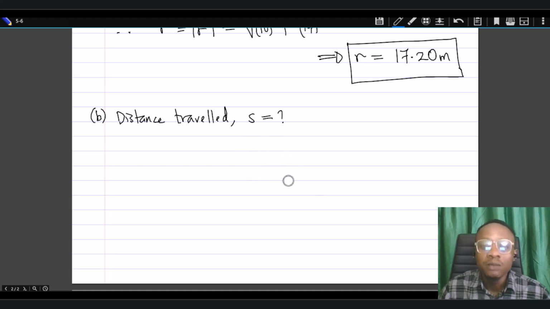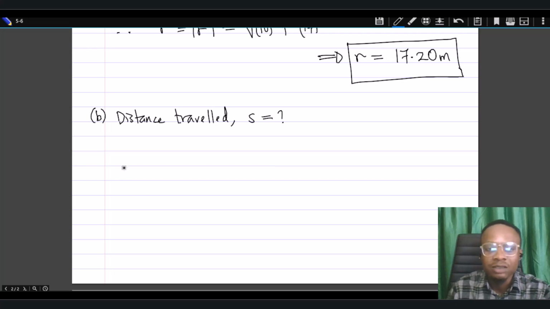So to obtain the total distance, or the distance traveled by a body undergoing curvilinear motion, this is the process. We will take advantage of the fact that speed, which is the rate of change in distance with respect to time, is equal to the magnitude of velocity.